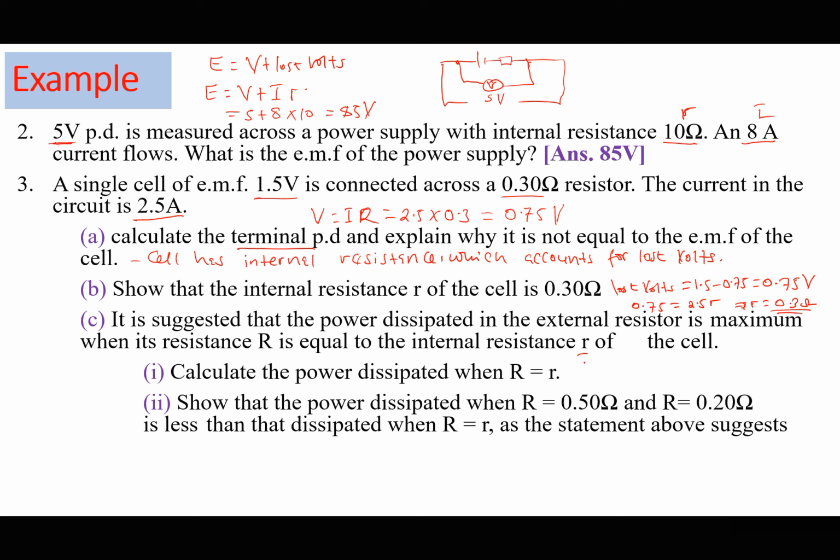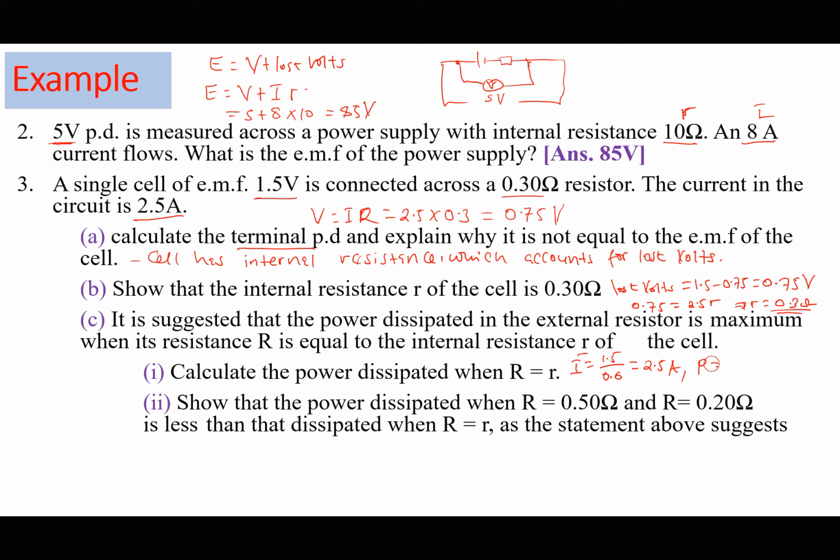When R is equal to small r, the current is equal to the EMF, which is 1.5, over total resistance, which is 0.3 plus 0.3, which is 0.6. So the current is 1.5 divided by 0.6, or 2.5 amperes. So that is the current.